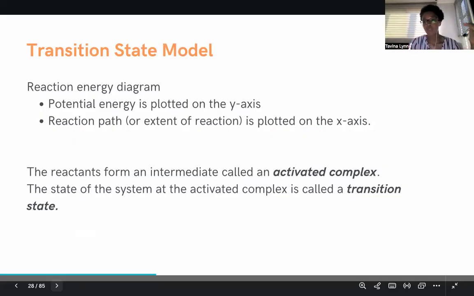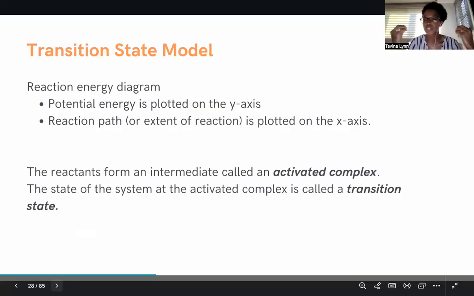And as we go from reactants to products, the reactants form what's called an activated complex. It's considered an intermediate. It's like the step or the stage that they have to go through before they form products. So the state of our overall system at this activated complex is called a transition state.